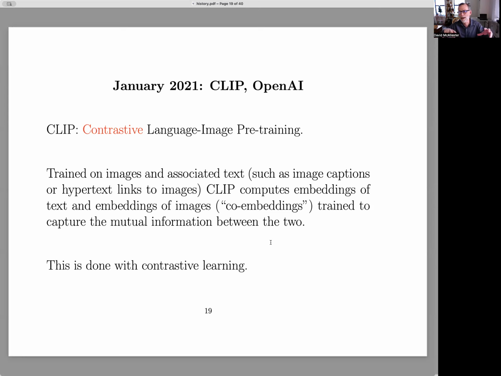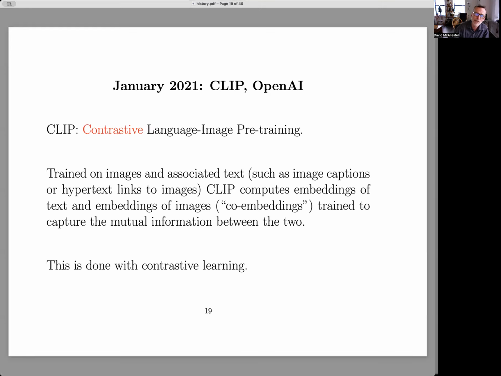This was the first time that this really worked effectively. You take a large corpus of images and text, and you can get that off the web, either by looking at image captioning or looking at URL designations of image files. You get a name for the image file. You can scrape off the web a large collection of pairs of image and text.